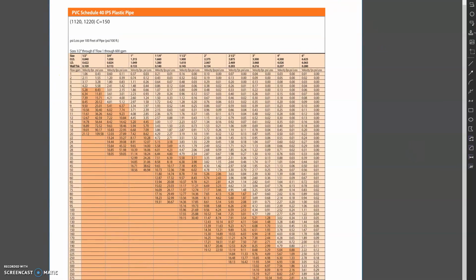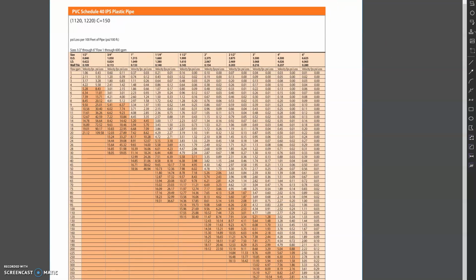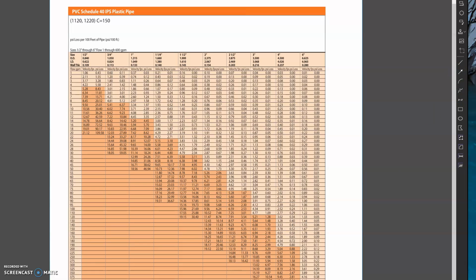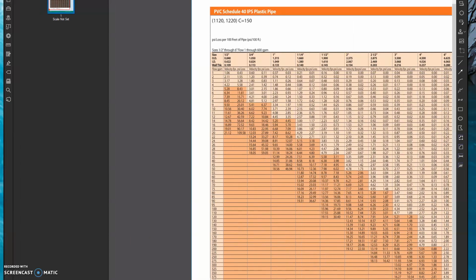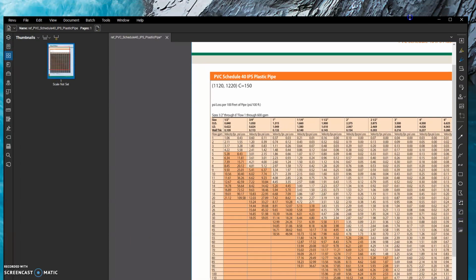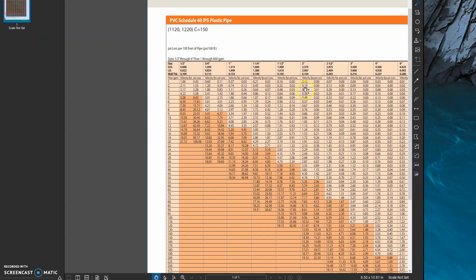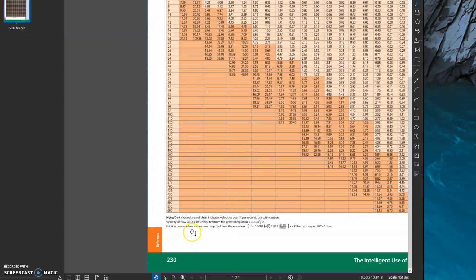If you see right here, hold on, let me move this up. If you see right here, all these numbers are based off of these equations for velocity and for pressure loss.